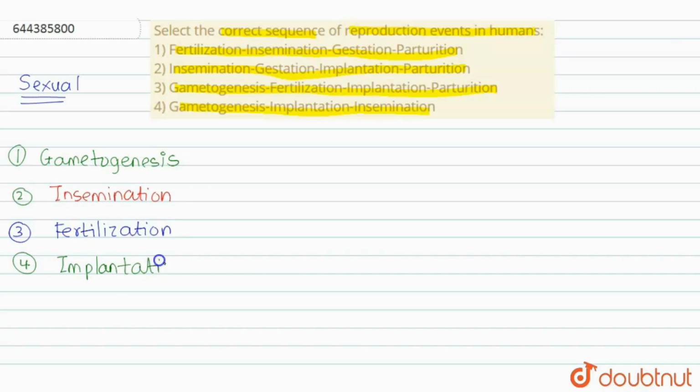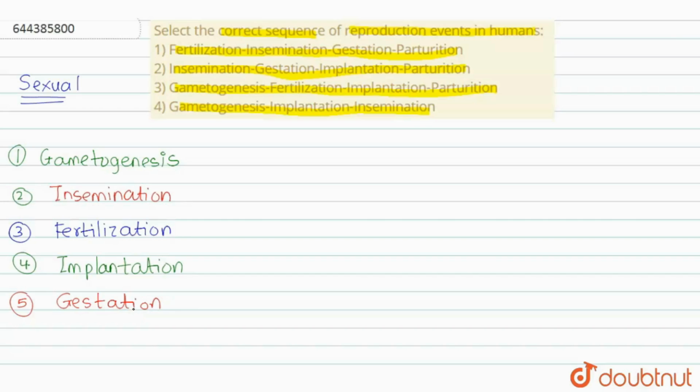Now as soon as implantation occurs, the zygote starts developing into a new baby inside the womb of the mother. This pregnancy continues for a period of 9 months on average, and this entire duration of pregnancy is called gestation. So after implantation, gestation occurs.